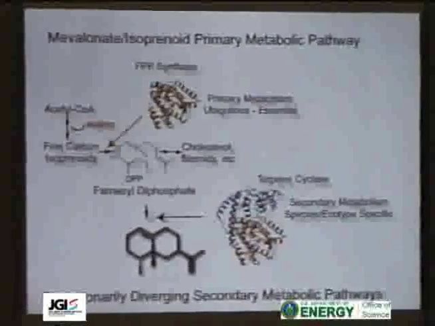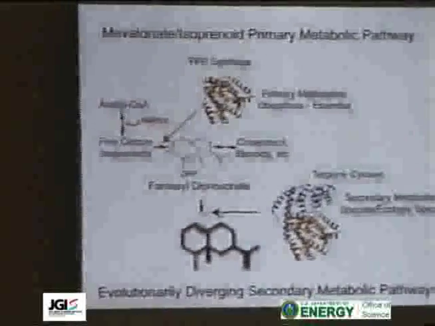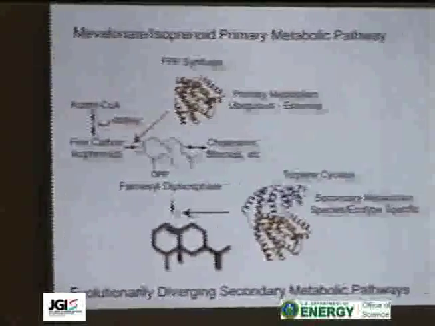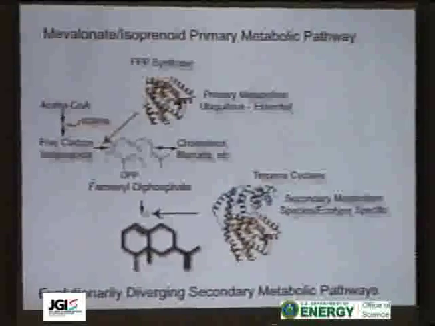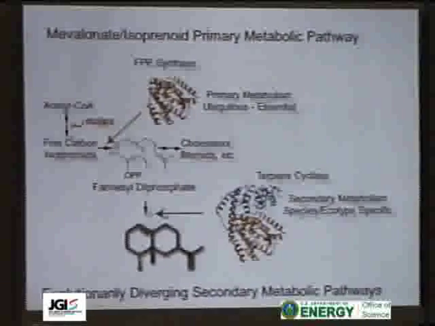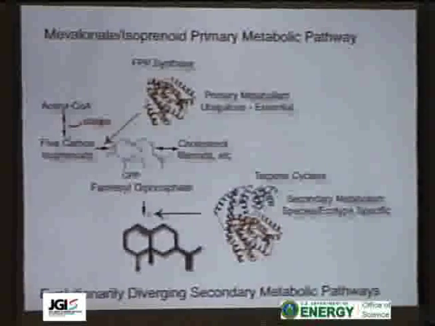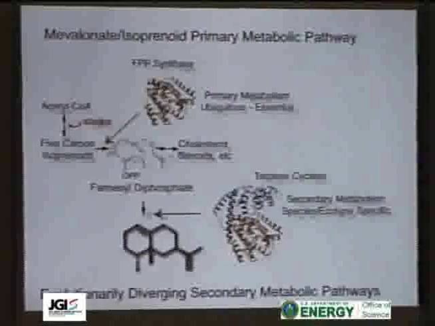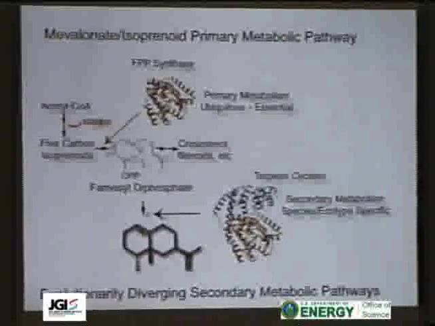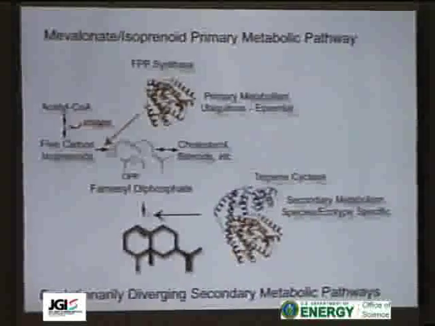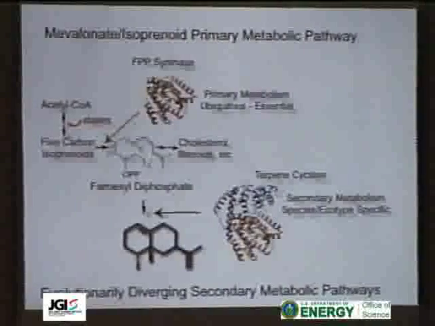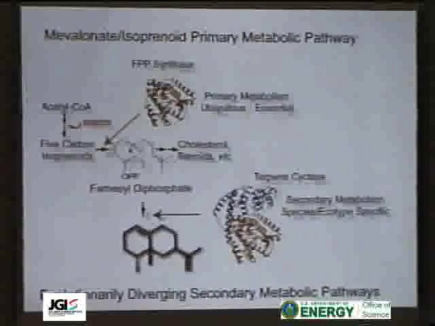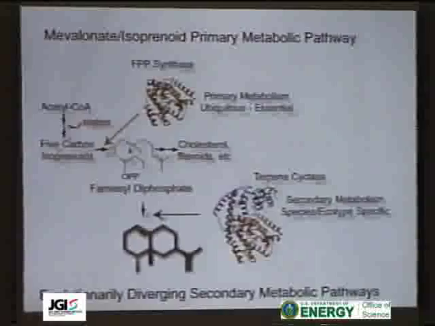This is an example of the pathways that I'm going to be talking about today, and I believe Jay introduced this the other night. On the upper left here is the so-called mevalonate pathway that you and I have and that we share with the cytoplasm of plant systems. This is a primary metabolic pathway. It's essential. And ultimately what it produces through 5-carbon building blocks is this very critical molecule shown here known as farnesyl diphosphate.